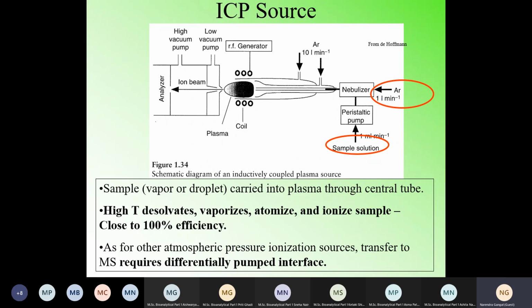In ICP-MS, since the efficiency of ionization is almost 100% because the temperature is very high, you can detect inorganic materials at a very low content. You can easily detect to parts per billion, in some cases parts per quadrillion, ppq. ppb is the very easy stuff.